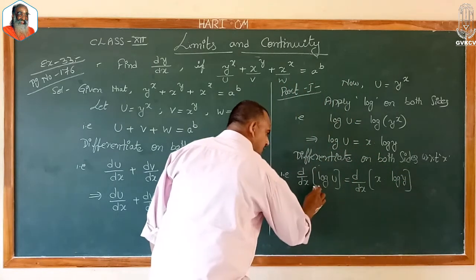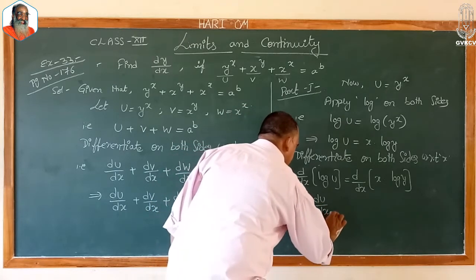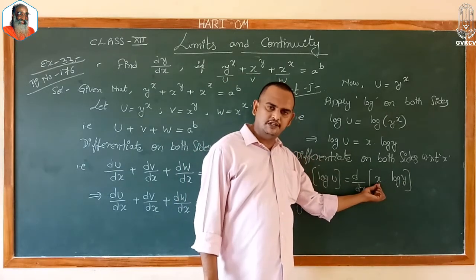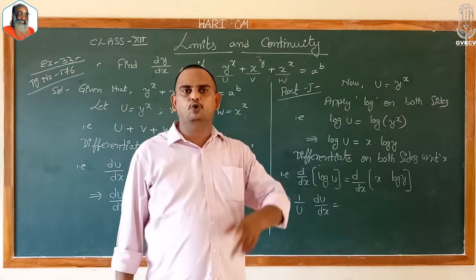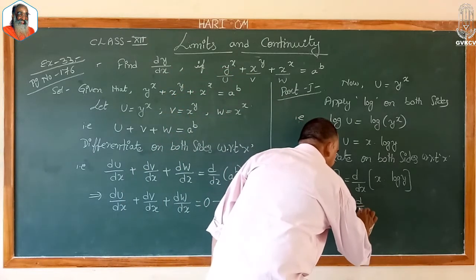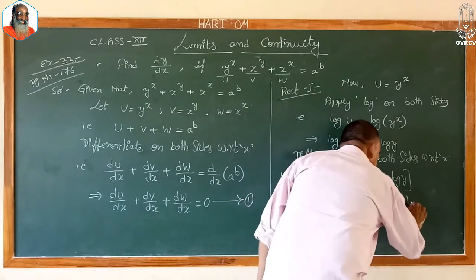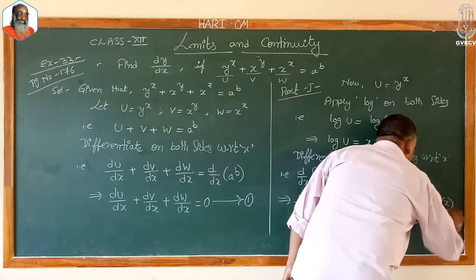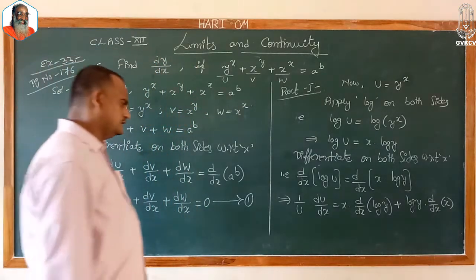That implies log u means 1/u into du/dx. Here it is in the form of a product: x is a function, log y is also a function. We have to apply the product rule. Product rule means x into d/dx of log y plus log y into d/dx of x.